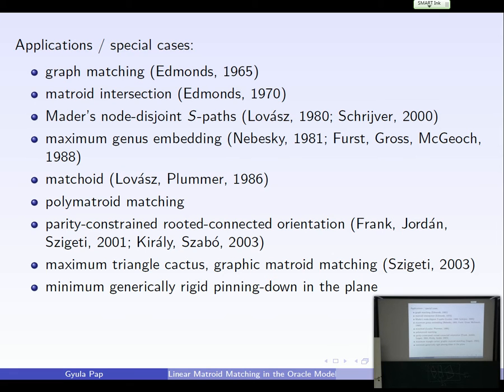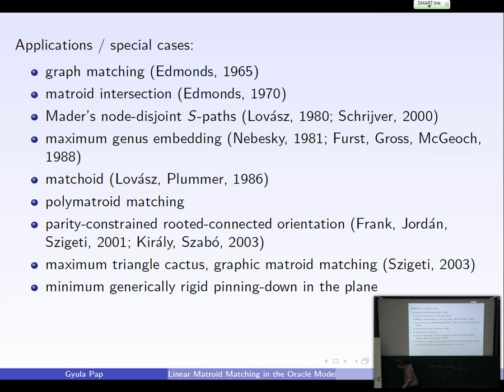There are quite a lot of applications other than graph matching and matroid intersection. Let me mention just a few of these on the blackboard. So Mader disjoint paths: the input is a graph and a subset A1, A2, ..., AK of nodes.